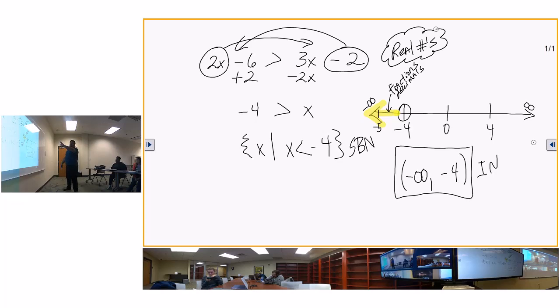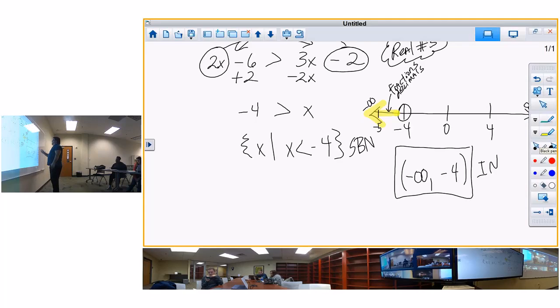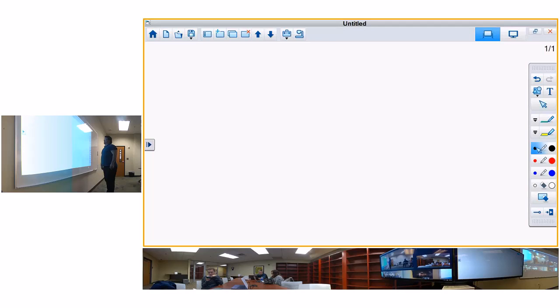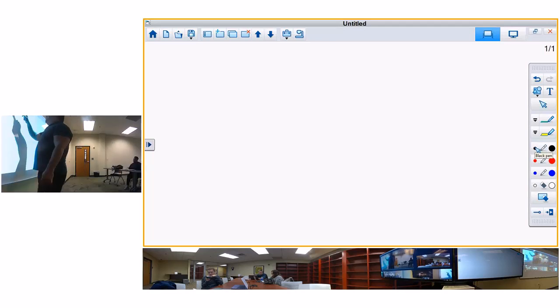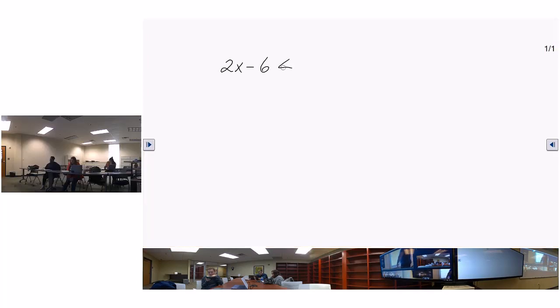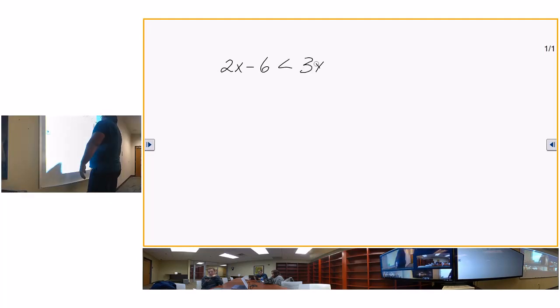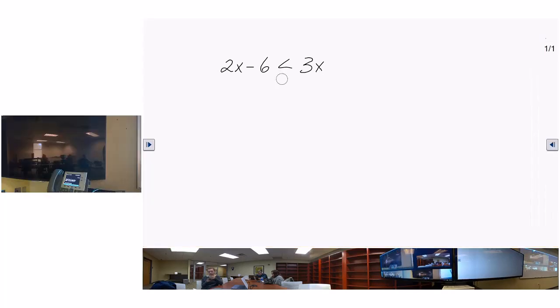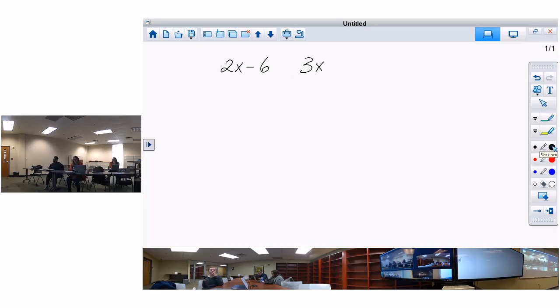Well, I'm going to do this same problem, and I'm going to give you different directions. Okay, here we go. Somebody give me the problem. 2x minus 6 less than 3x minus 2. I mean greater than. Whew, Jesus. I give you one job. I was the only one that answered. You're welcome. I should be in gratitude.